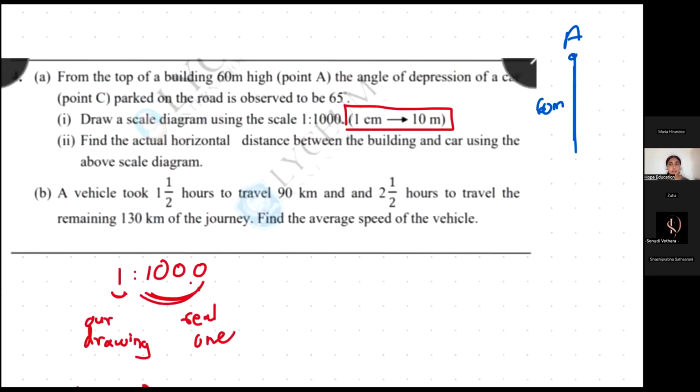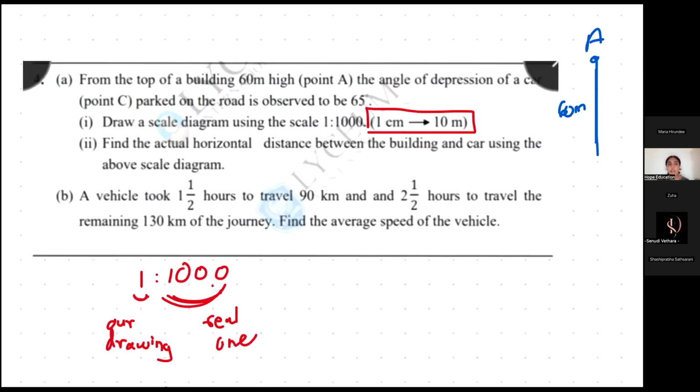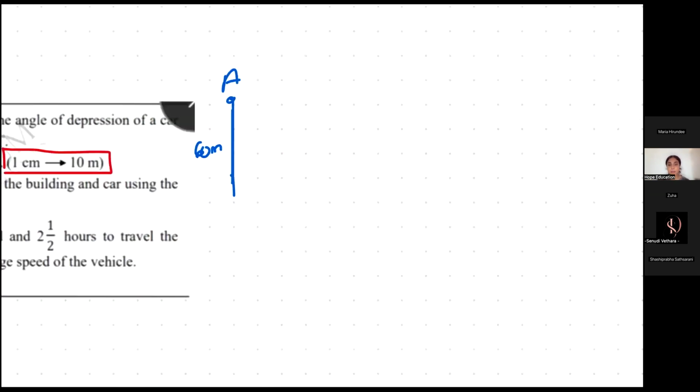Angle of depression of a car. For the angle of depression, from any point you first draw a horizontal line like this. From here you take downwards. Angle of elevation is upwards and angle of depression is downwards. Whenever you take these, if it's some point, you imagine that you are at that point and imagine your eye level. So in this particular case, looking from point A, you imagine that you are at point A, and you imagine your eye level.